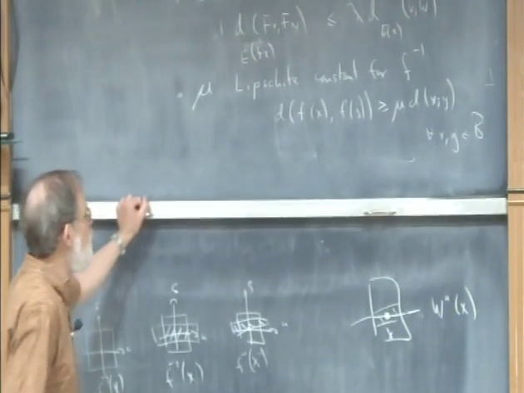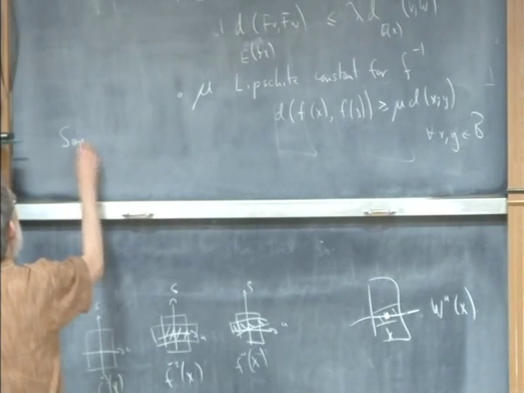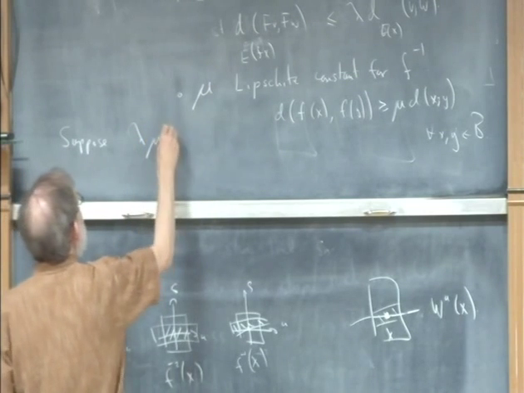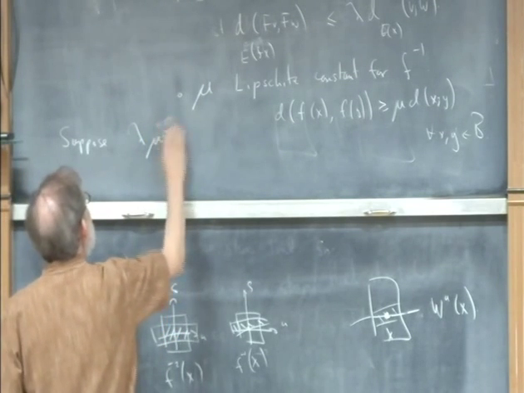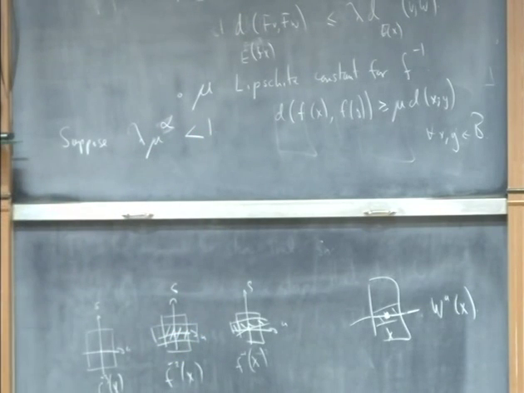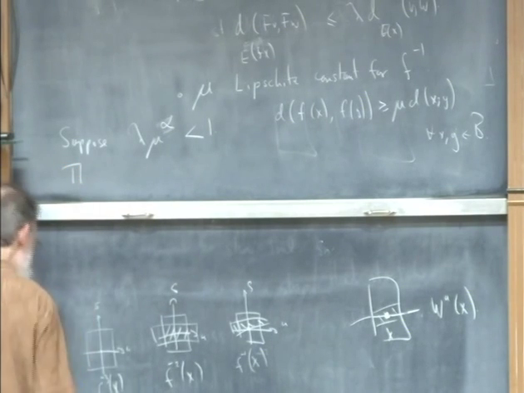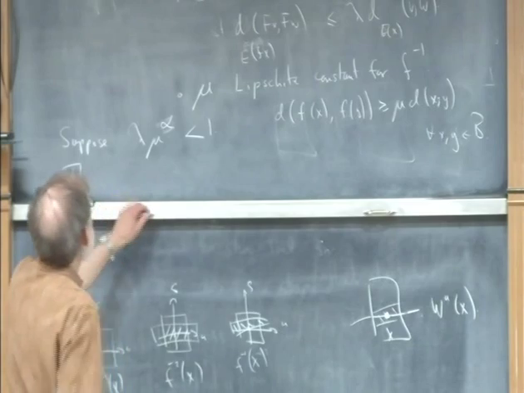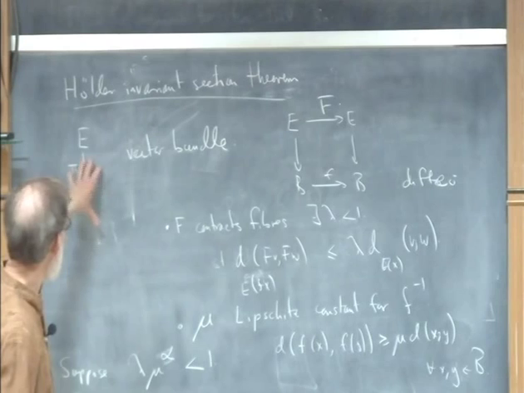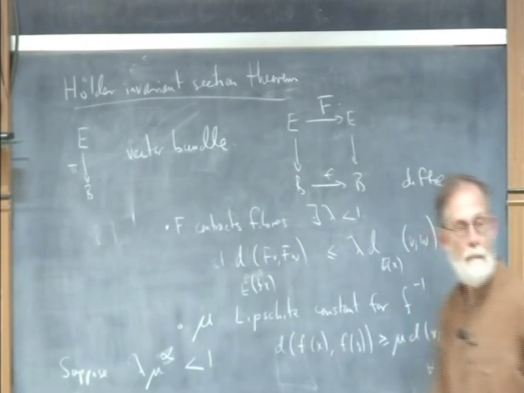And now we want to assume that lambda times mu to the alpha is less than 1. Maybe before I come to the conclusion, I should say that we've got this bundle, we've got contraction of the fibers.